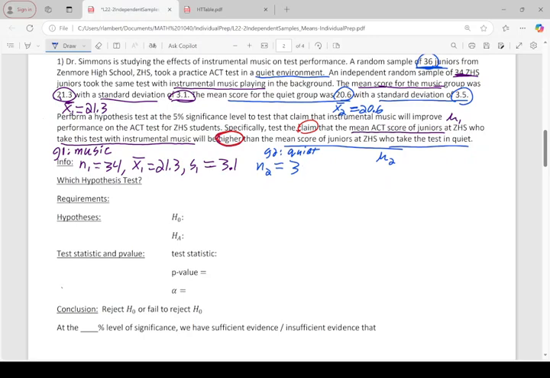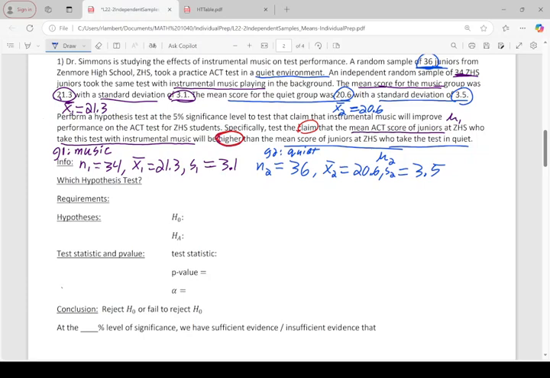I apologize, my fancy little pen is really struggling today. Okay, but we'll carry on. The sample mean was 20.6 and the sample standard deviation was 3.5. And we're going to attach a little 2 to all these to say they go with group 2.